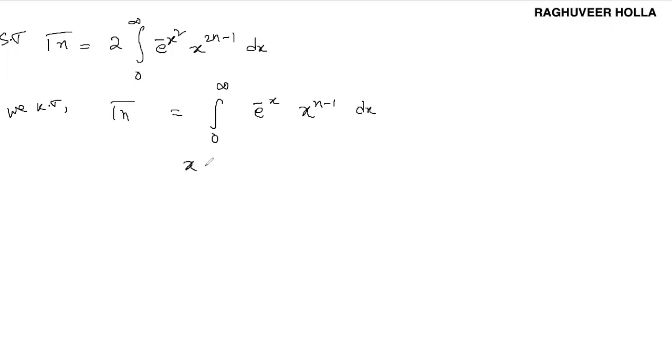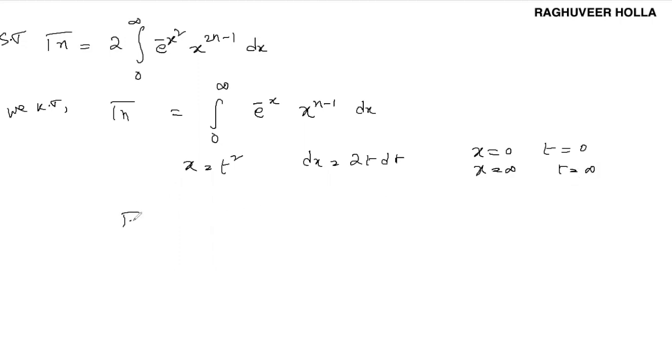So let us put x as t square, so dx is equal to 2t dt. When x is 0, t is 0, and when x is infinity, t is also infinity.